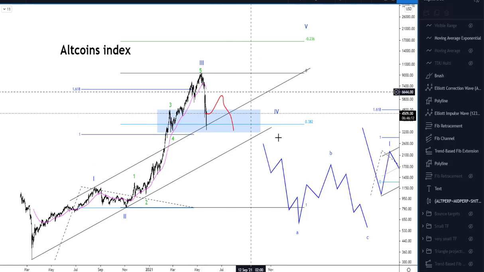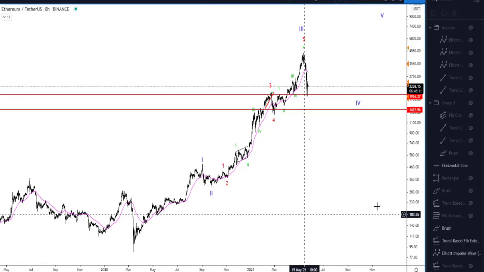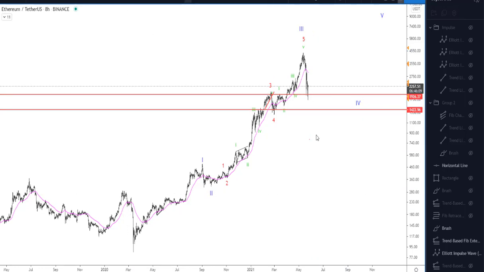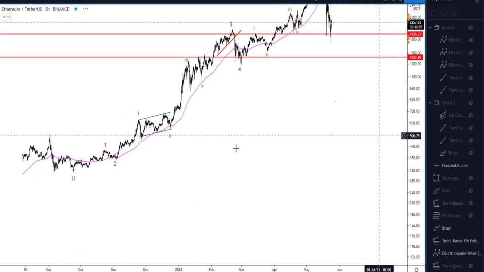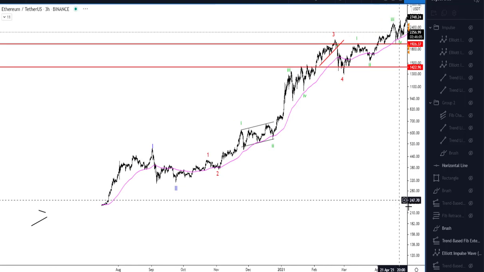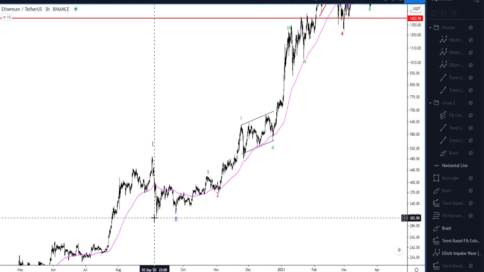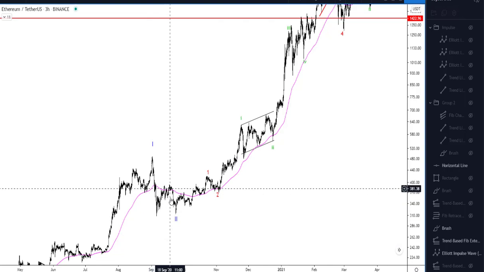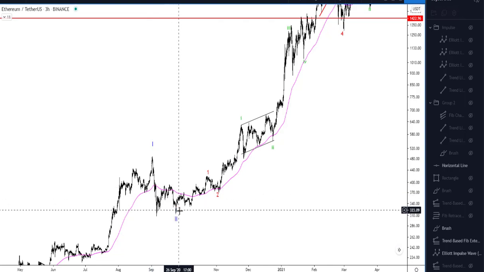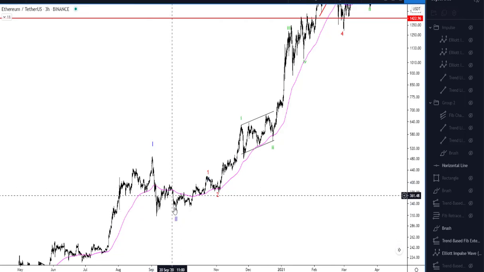Another thing in crypto, it's something quite common, is that you're gonna have a first impulse down, which is gonna be quite steep and strong for your wave A, then your wave B, and your wave C very often is not gonna be that strong.